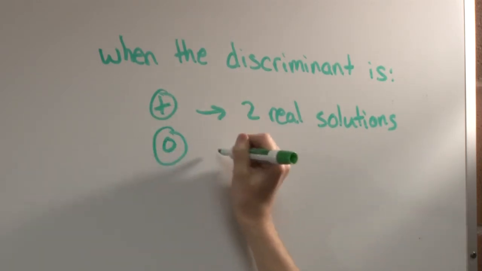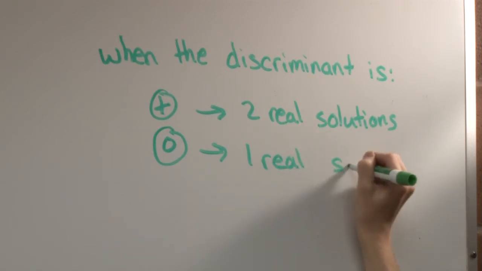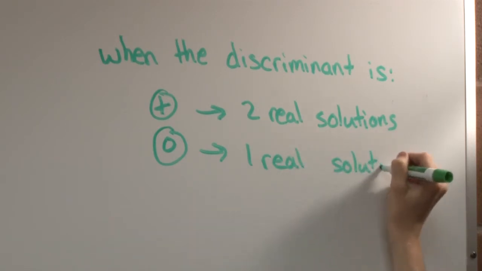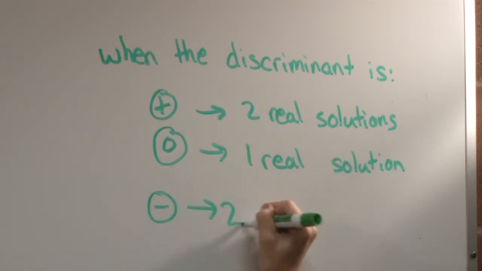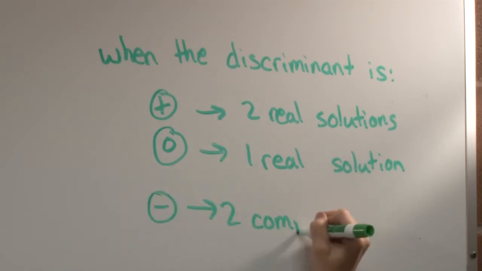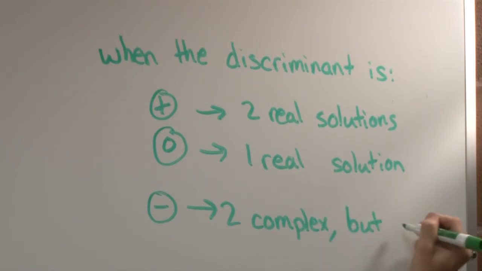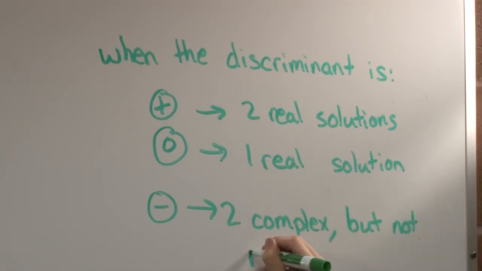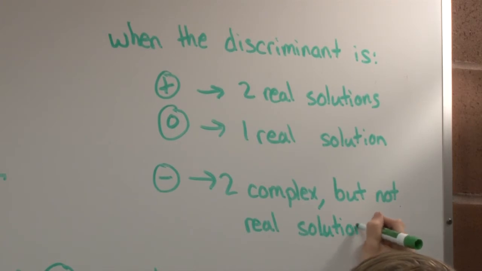When it's 0, we're going to have one real solution. And when it's negative, we're going to have two complex but not real solutions. Right.